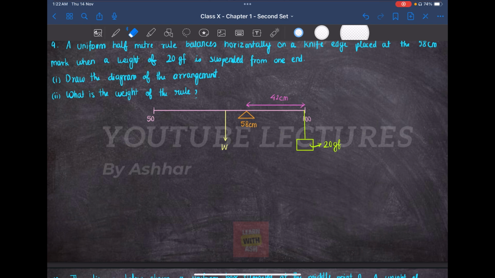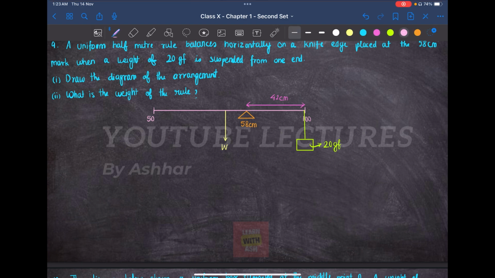Now if it has been cut, like a half meter rule has been taken, the pivot point has been moved to 58 centimeter.